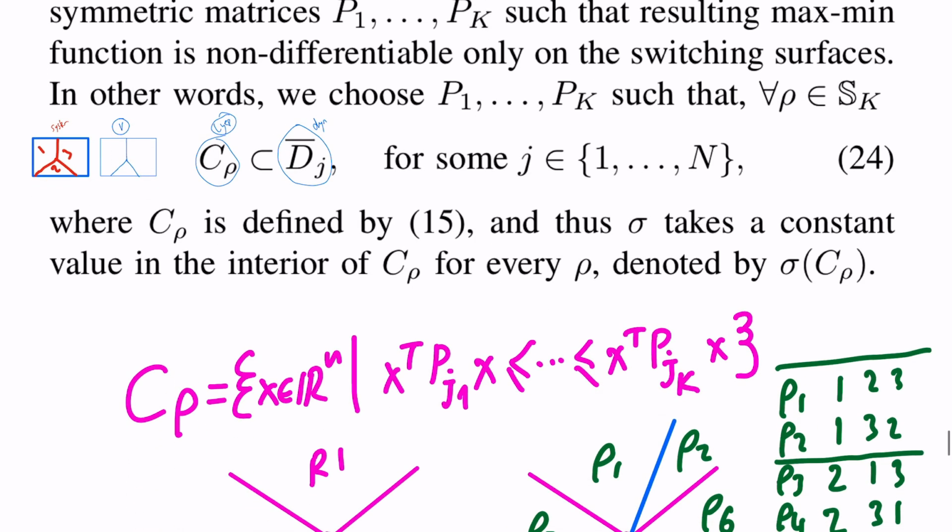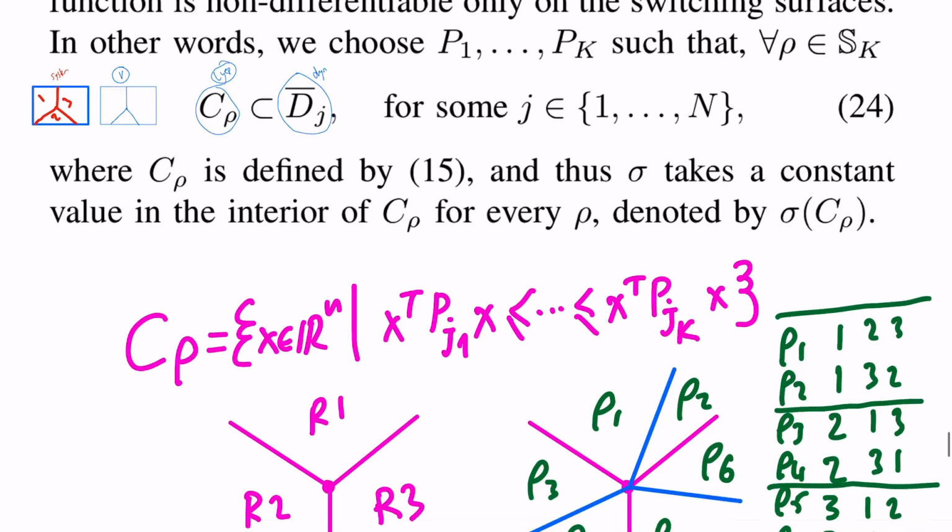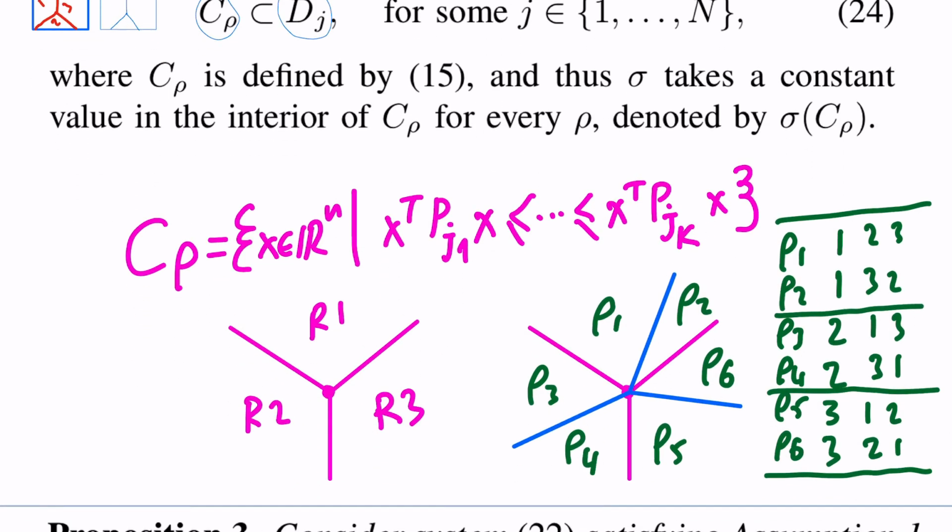All right, so let's remember what C rho was. For a given row, J1 dot dot dot JK, let's say S vector is, okay.